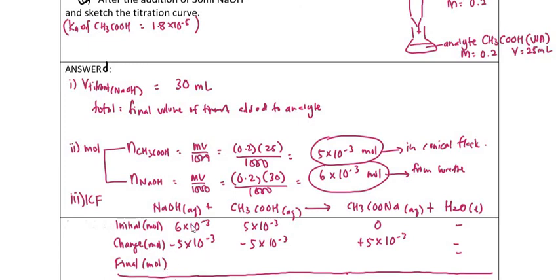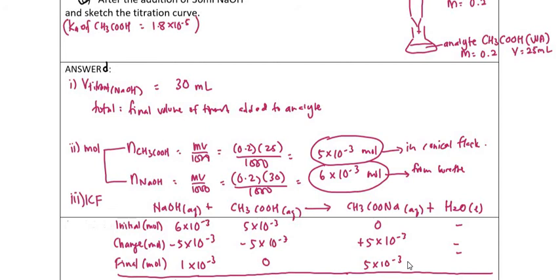Next, your final for the reactant is I minus C, which becomes 1 exponent negative 3. For your acetic acid, 5 minus 5, that means totally consumed because your CH3COOH is the limiting reactant, and your product increases by 5 exponent negative 3.